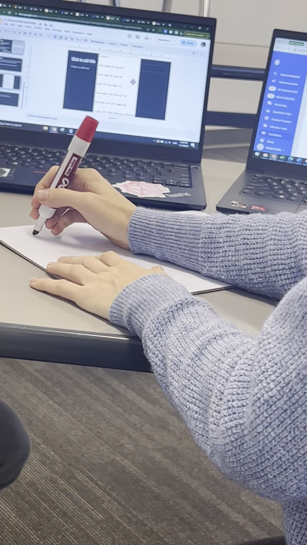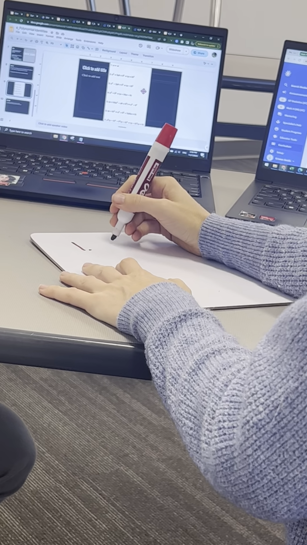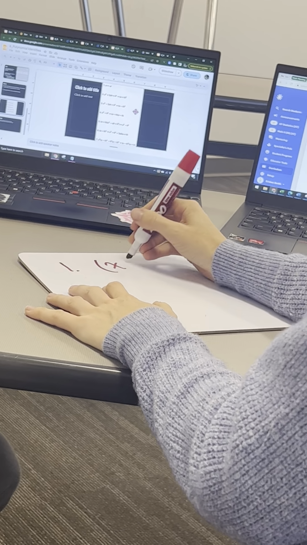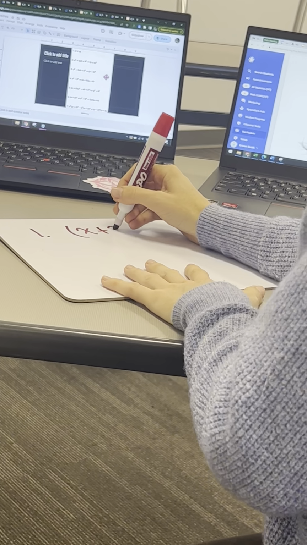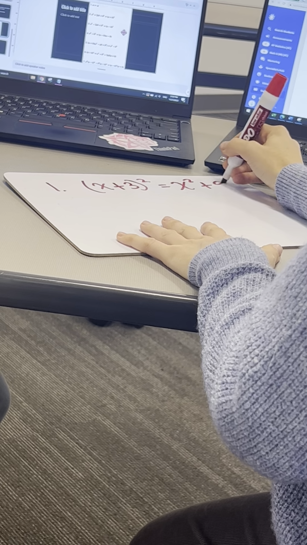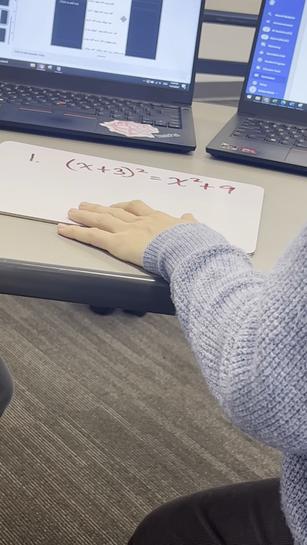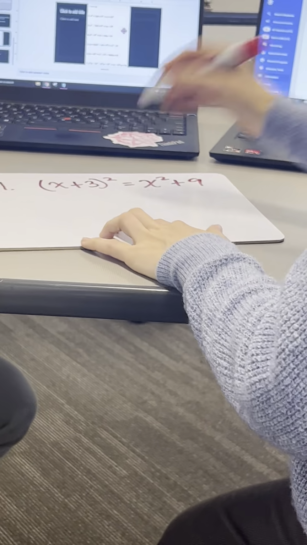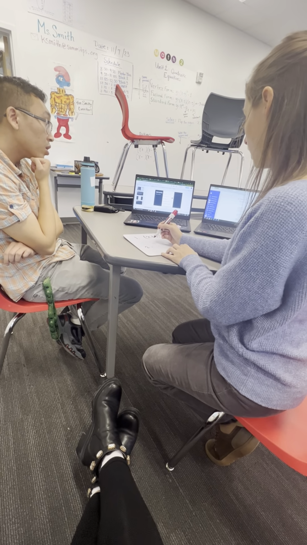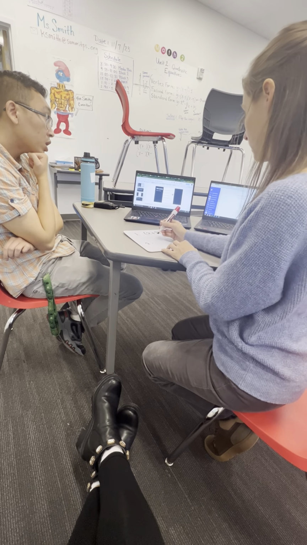Let's say on their board they have 2 problems. The first problem is to verify whether this holds. So step 1 is verify this. And then step 2 is number 2 here.